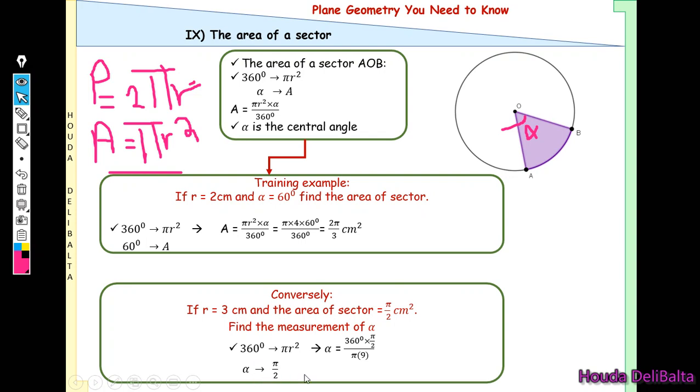Again, we put the given under pi r squared because it's related to the area, and here the degrees together. Cross multiplication, we will get that alpha equals 360 times pi over 2 divided by pi r squared, which is pi times 9, and thus alpha equals 20 degrees. So by this, we can calculate the central angle if we know the area of the sector.